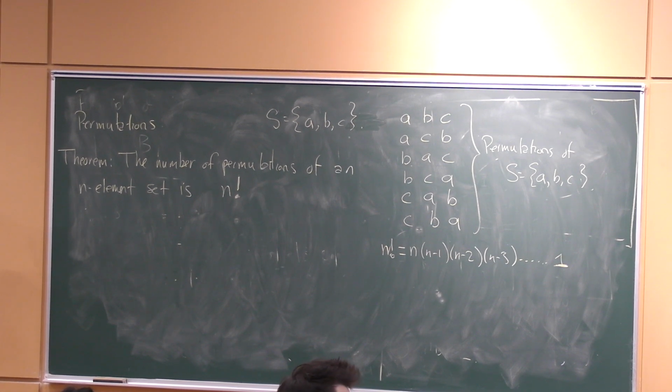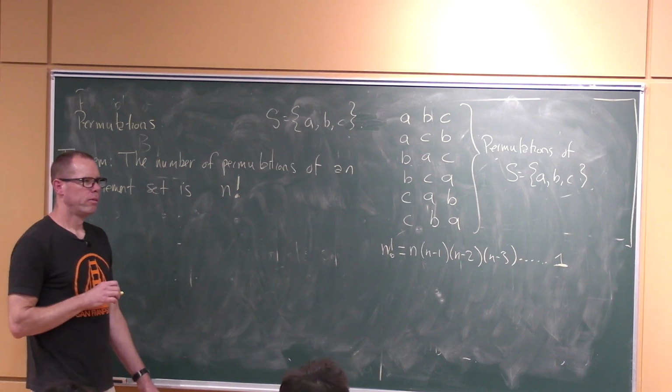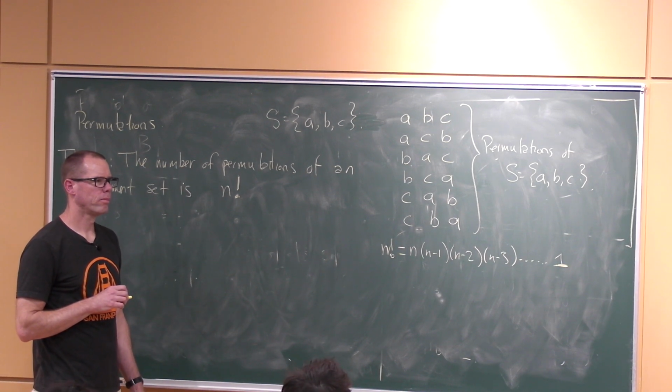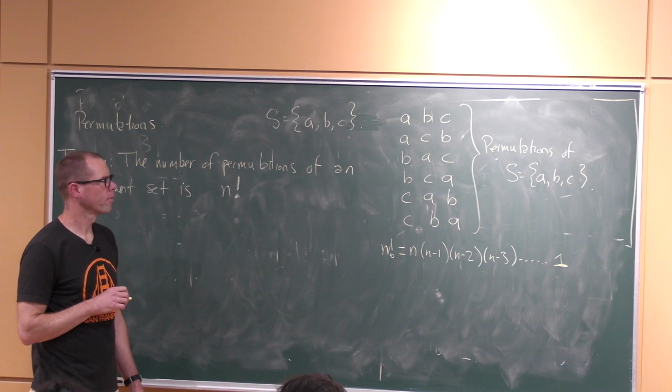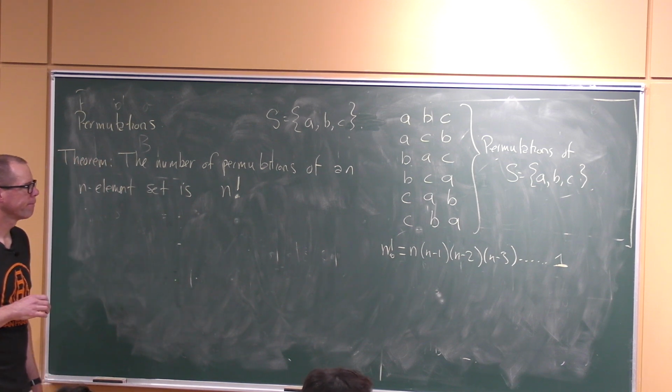Yeah. Because order matters, you first pick a character for the first position, so in this case you have 3 options. And for the next character, you've already picked 1, so you have 3 minus 1 options, then 3 minus 2.